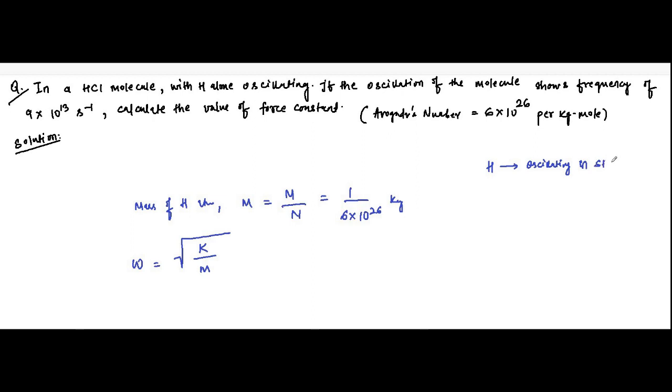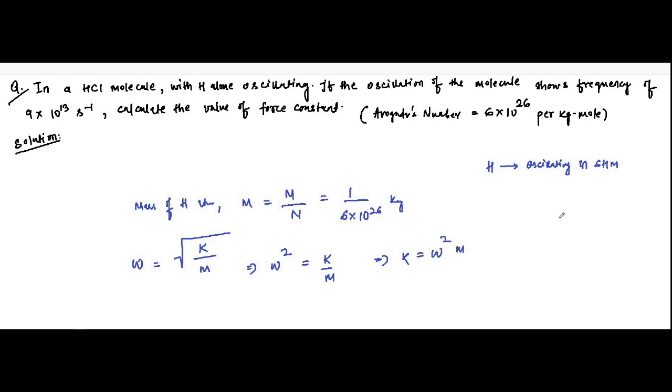We are not going deep into the chemistry, we are just going as per the information given in the question to get the desired result. So that implies omega square is equal to k by m, or k is equal to omega square m.